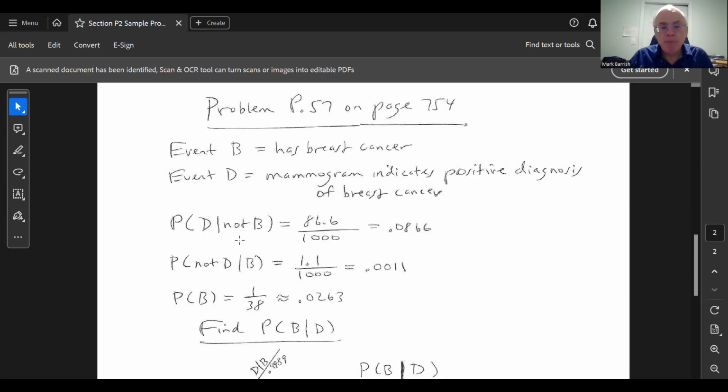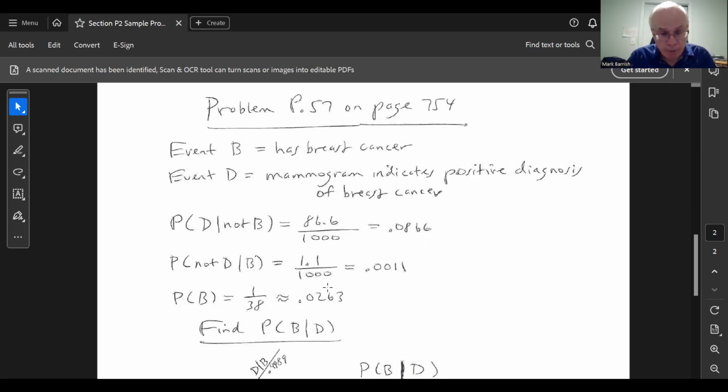This is a false positive. So again, it's 0.0866 if you convert it. The second probability is the probability that they have a negative result from the diagnostic test, but they actually have breast cancer. That's a false negative.